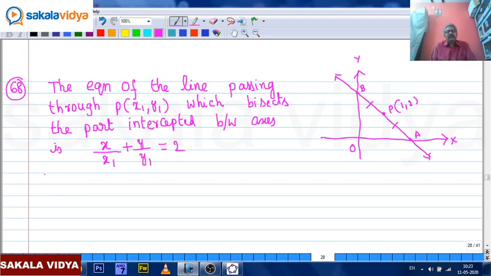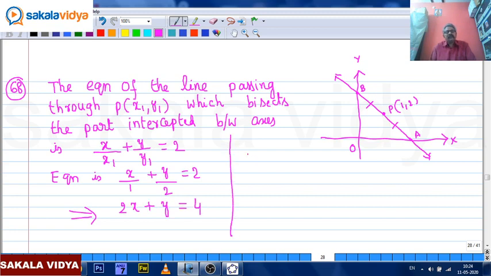So now here the equation is x by 1 plus y by 2 equals 2. Multiply with 2: 2x plus y equal to 4. Now we can write 2x plus y minus 4 is equal to 0.